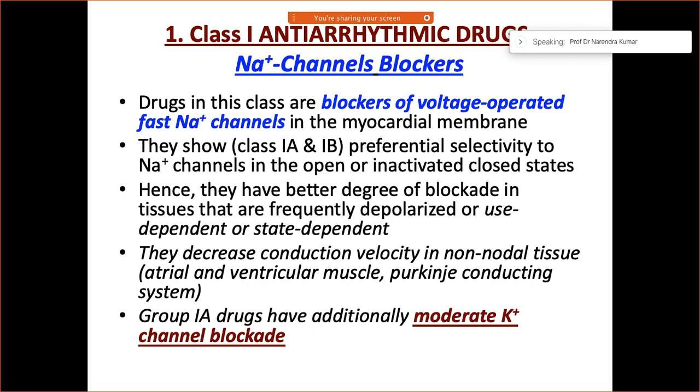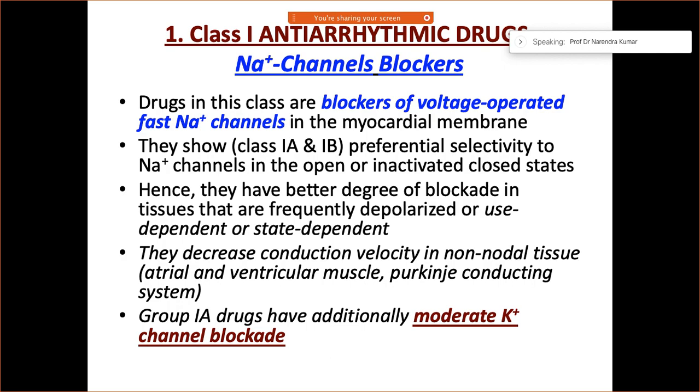So in the class 1 drugs, what are the various examples of 1A? 1A includes quinidine, procainamide, or even disopyramide.